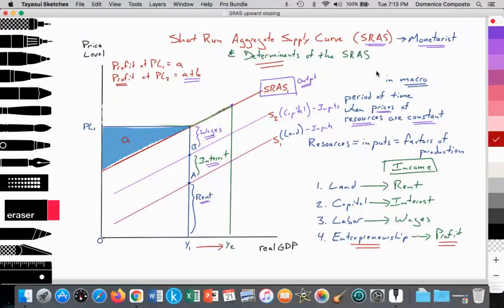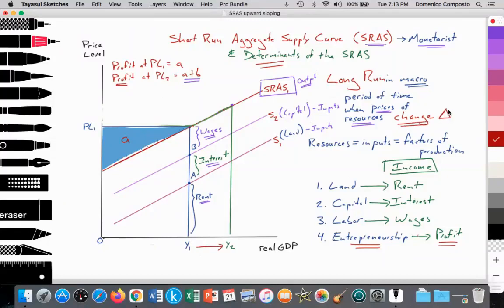So we can state that the long run in macroeconomics is the period of time when prices of resources can change.